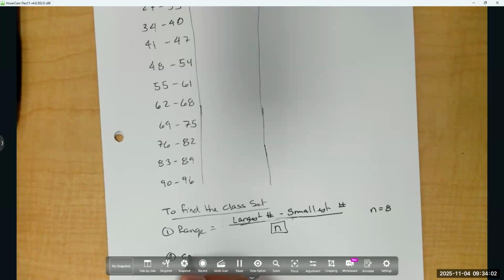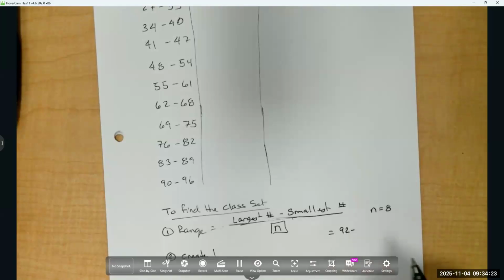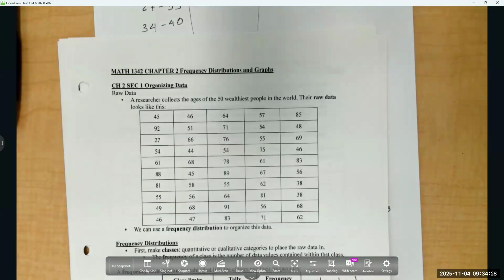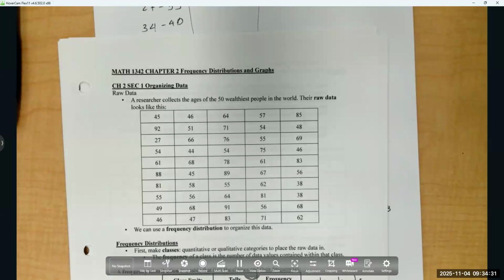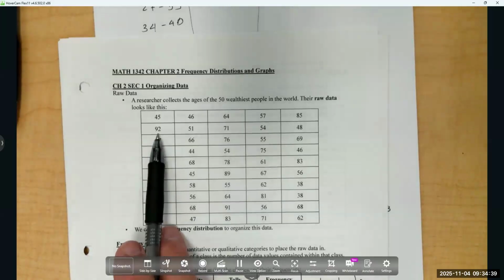You're going to put 96 minus 27 divided by 8. Yes, so the largest number was 96. You sure it's 96, or 92? Because we used this data set. There's 92, there's a 91. So the largest number is 92.